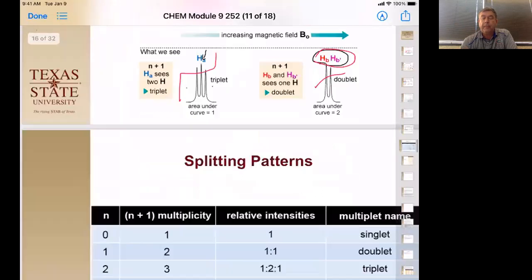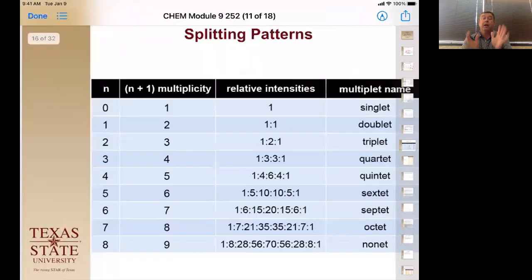Okay, so there are some very common patterns we're going to be seeing. If you have no hydrogens within 3 bonds of your unique hydrogen, it doesn't split. You have 1 peak and it's going to give you a singlet. If you have 1 hydrogen next to it, you still have a total of 2 peaks because you have the peak itself plus the neighboring hydrogen.